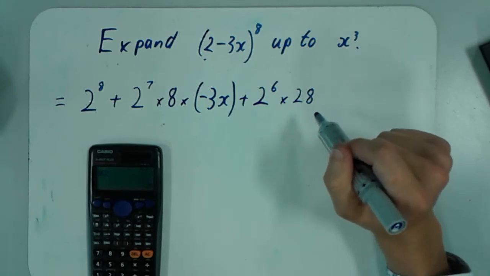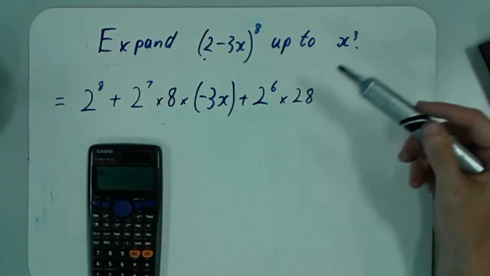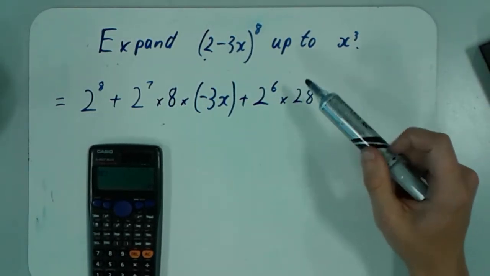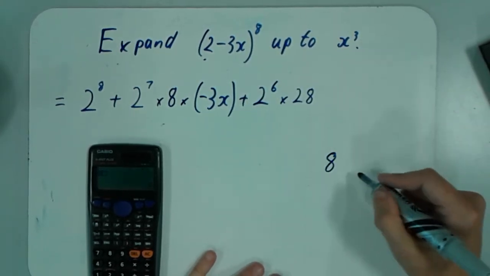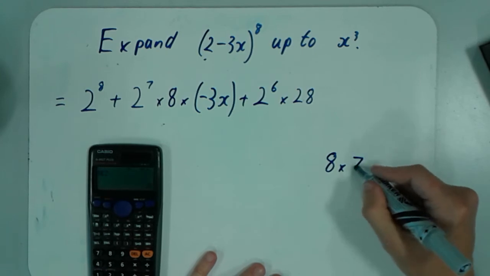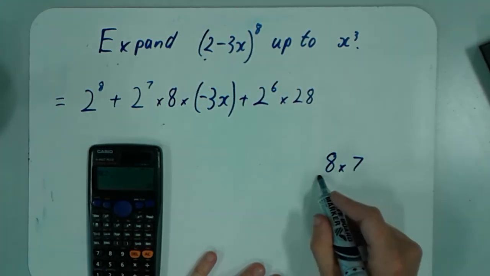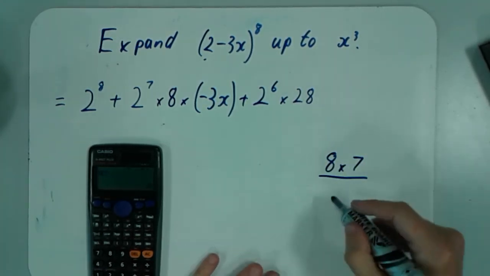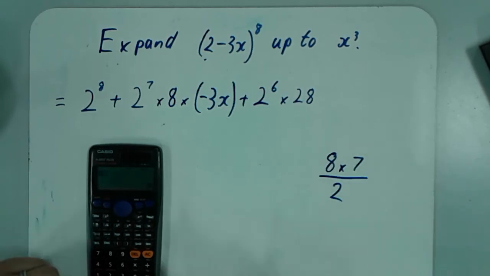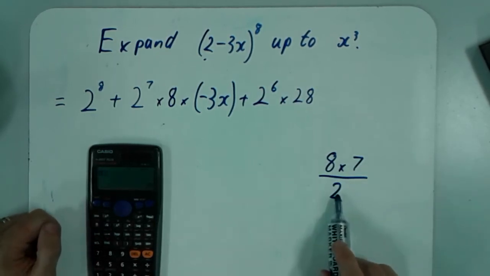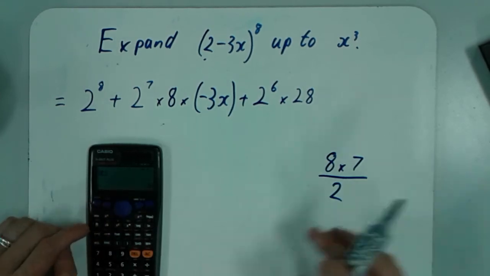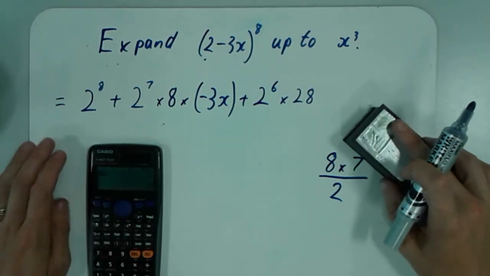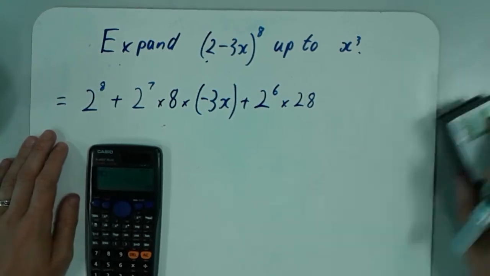This is less intuitive, but if we think of that video which explains these coefficients, that's because I would have 8 choices for the first, 7 choices for the second, but then they could be swapped around. So I need to divide by 2 because I've overcounted. 8 divided by 2 times 7 is 28. So that's where that number comes from. We can just use our calculator for now though.